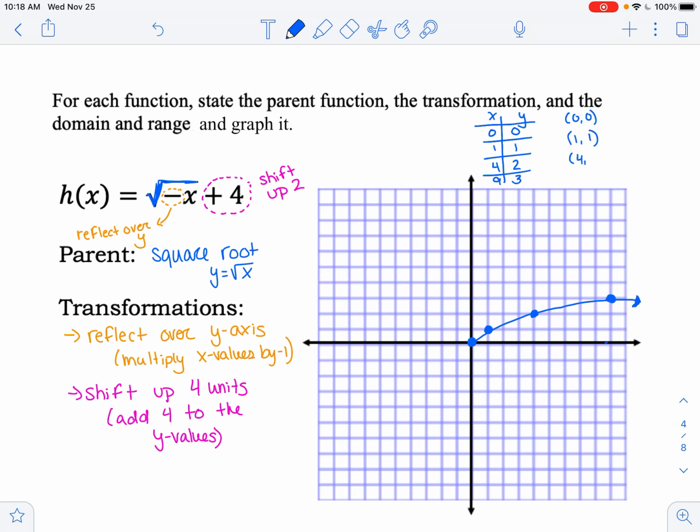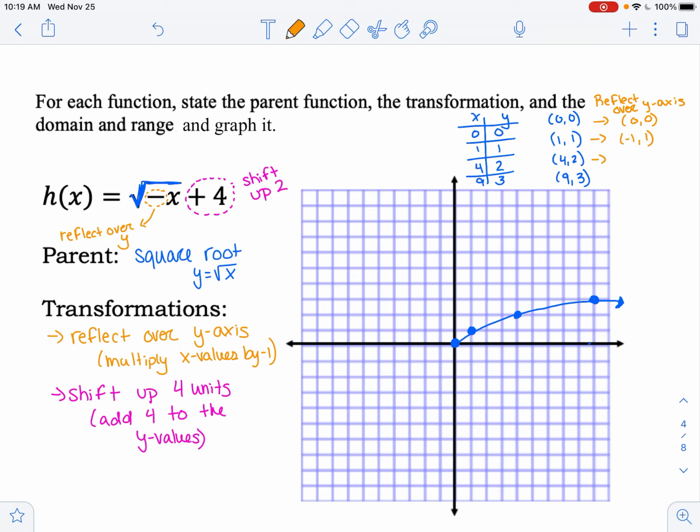So now to do my reflection over the y-axis, I'm going to multiply all of my x values by -1. So the first point doesn't change. If I multiply by -1 here, I get (-1, 1), right? We're multiplying the x by -1. Here I'll get (-4, 2) and (-9, 3), right? I'm multiplying the x value by -1.